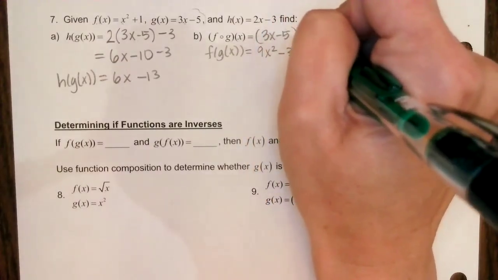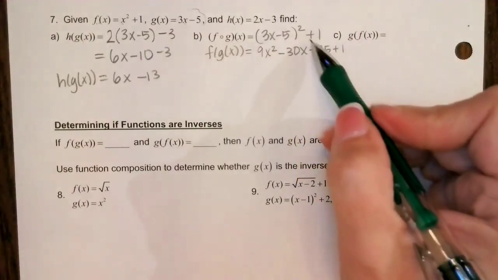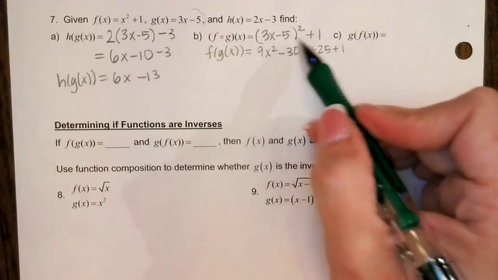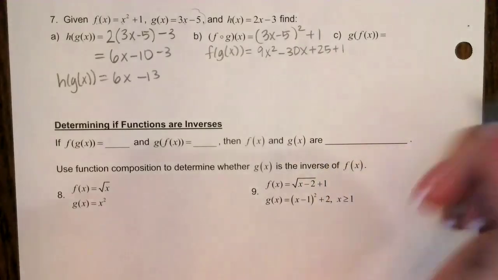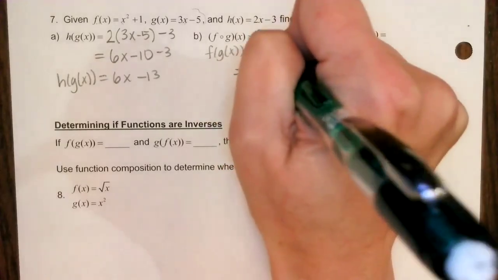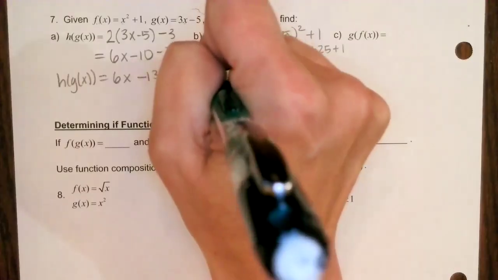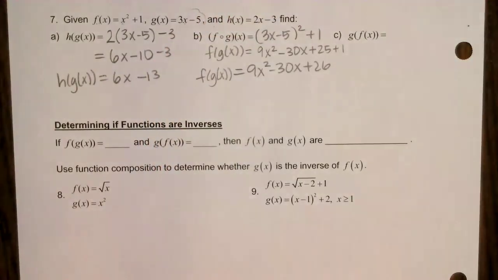And negative 5 times negative 5 is a positive 25. Don't forget that plus 1. Students forget that a lot, but we've just FOILed this out. We still need that plus 1 at the end. Now we combine our like terms, and there is our composite function, 9x squared minus 30x plus 26.